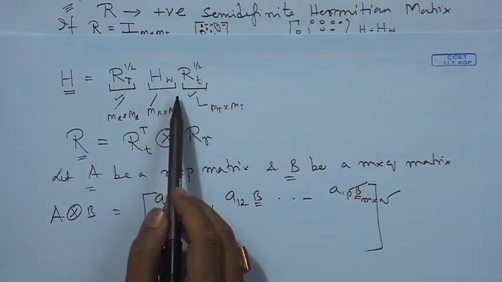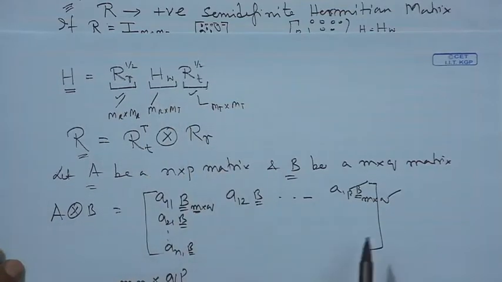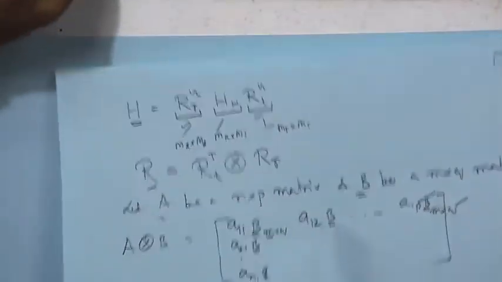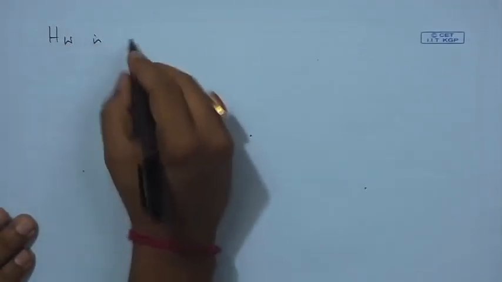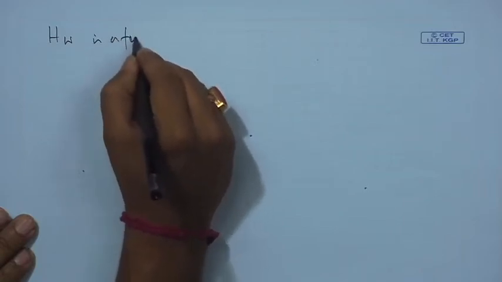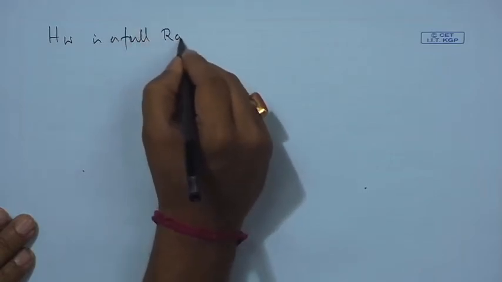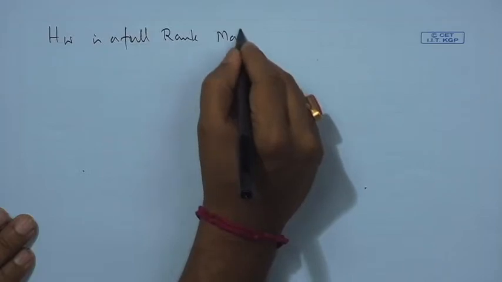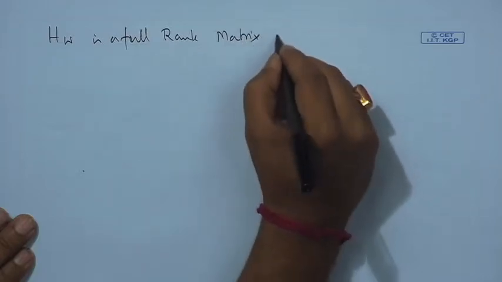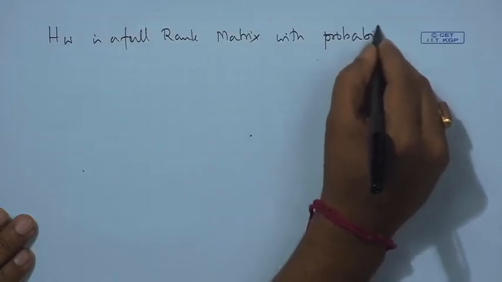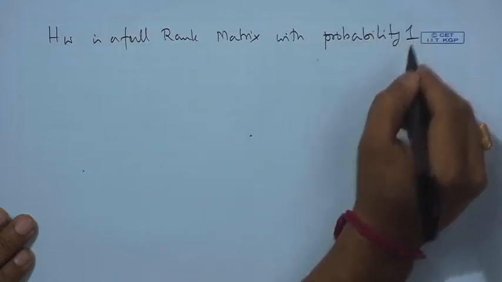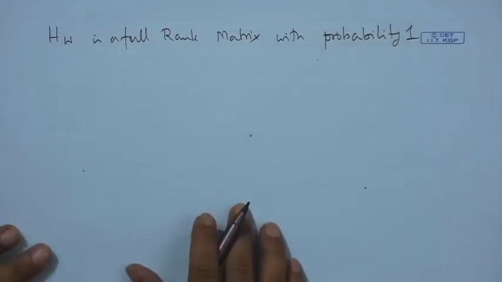Now, this H_W, the channel that we will be using in our case, has the property that H_W is a full rank matrix with probability 1.